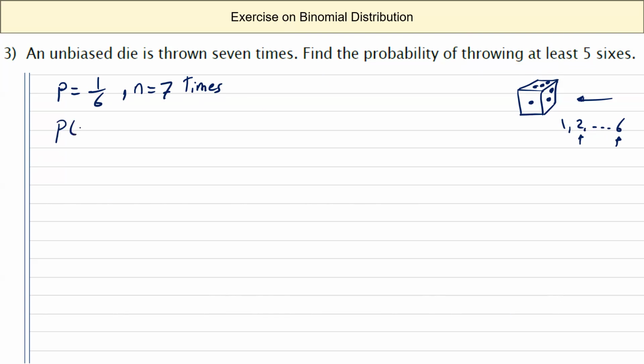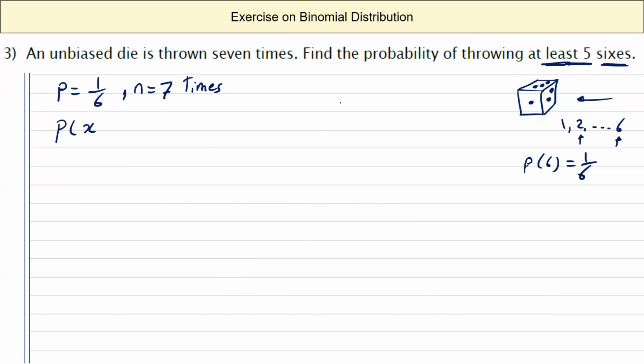So probability of at least means the X. The X means getting the number 6, 5 times. So the probability of 6 for each trial is 1/6, and the same probability for 1 and 2 as I said. So I want X at least.